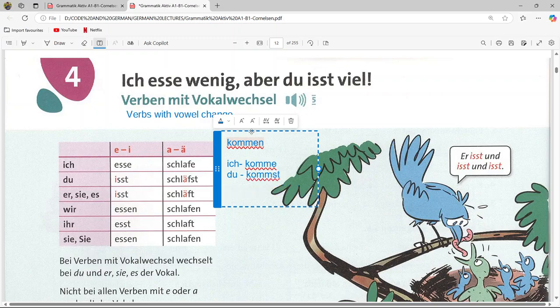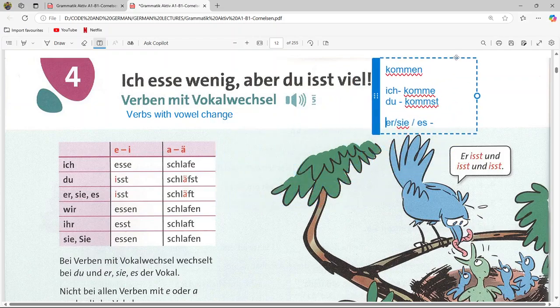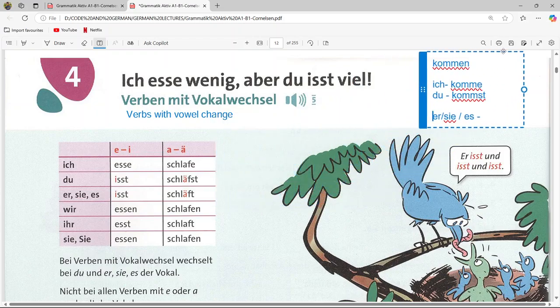Then it was er, sie, es kommt, right? It was er, sie, es, I will just write in this portion. So er, sie, es, it was kommt.